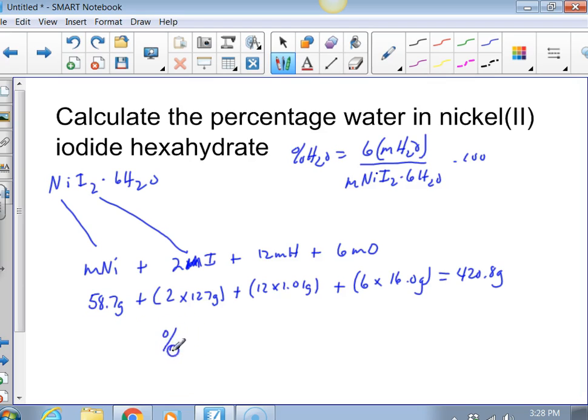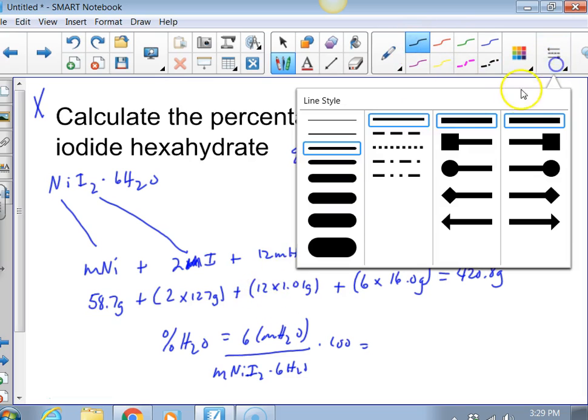So our percentage water is going to equal 6 times the mass of water divided by the mass of the entire compound times 100. This is the mass of water right here.